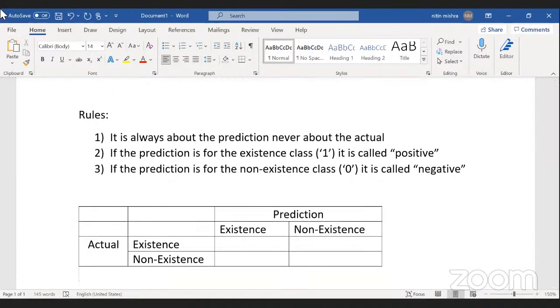So therefore, here you have positive, here you have positive, here you have negative, here you have negative, because it is a prediction.